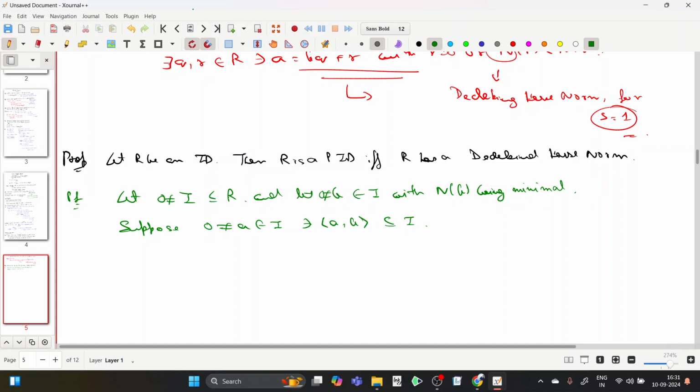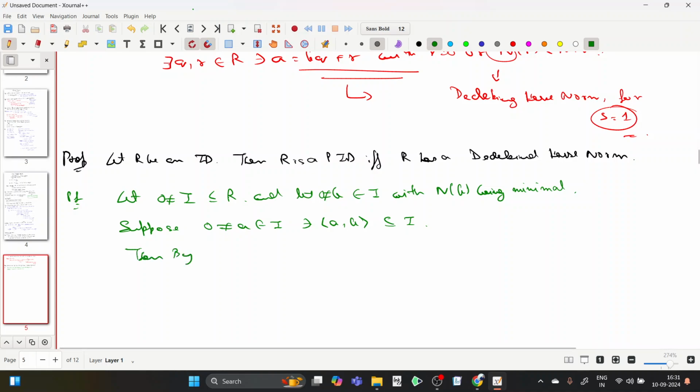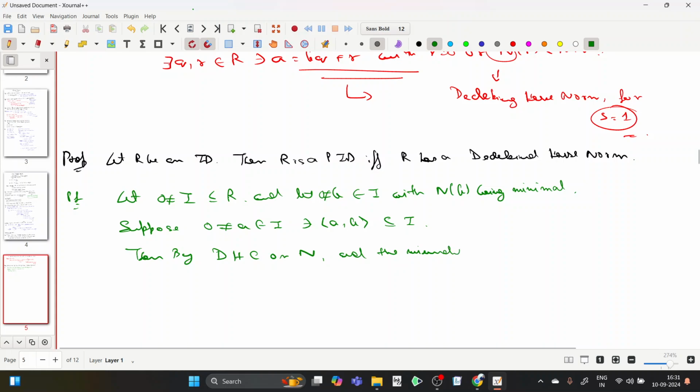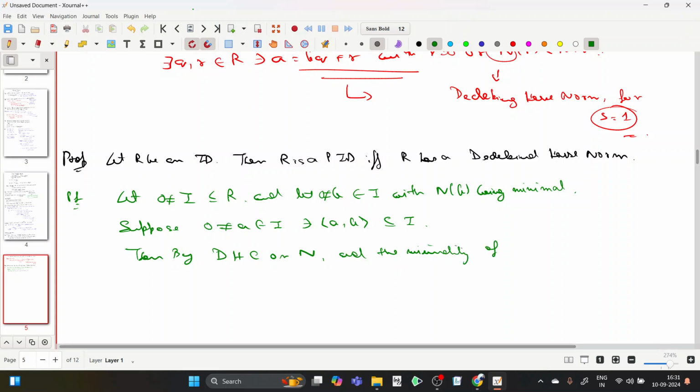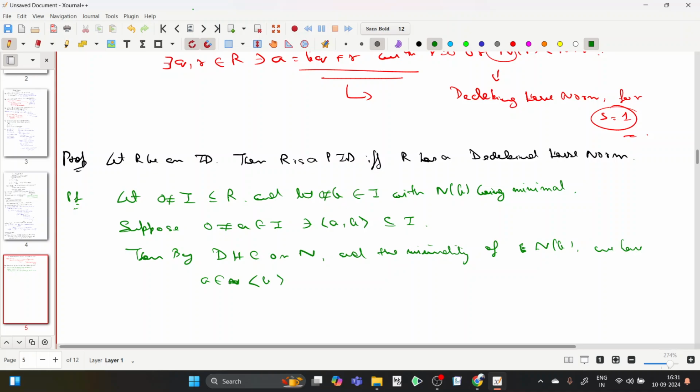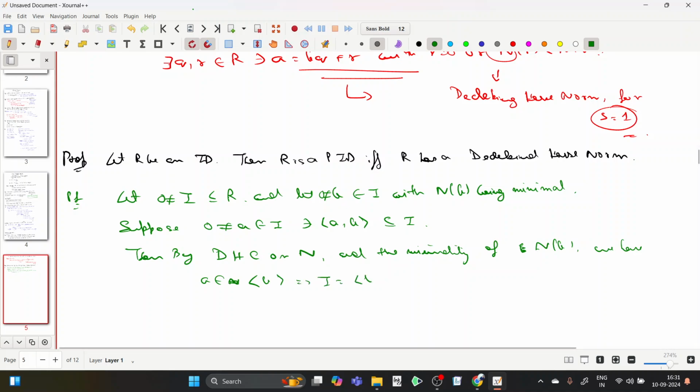Then by the Dedekind Hasse condition on N and the minimality of the norm of B, we have A is contained in the ideal generated by B, which implies that I is exactly the ideal generated by B, and this is principal, okay.